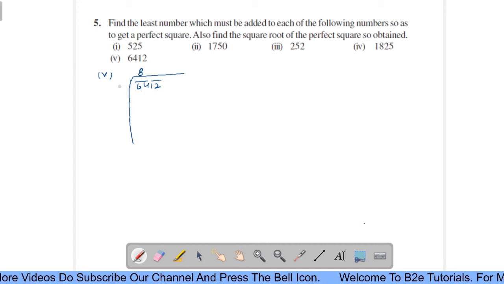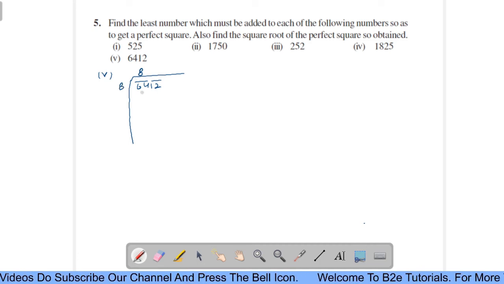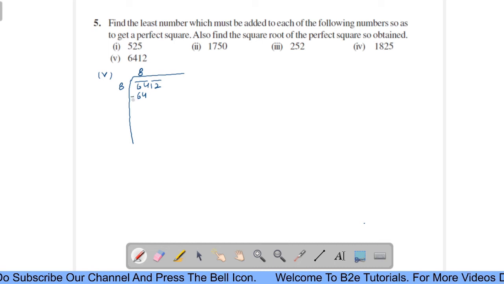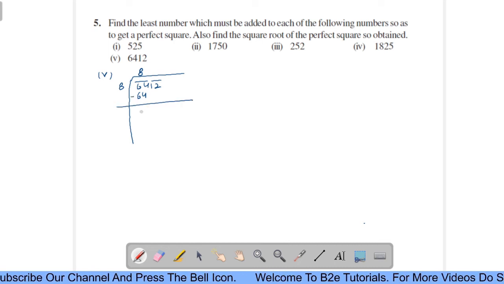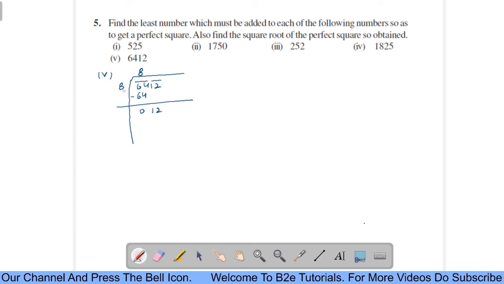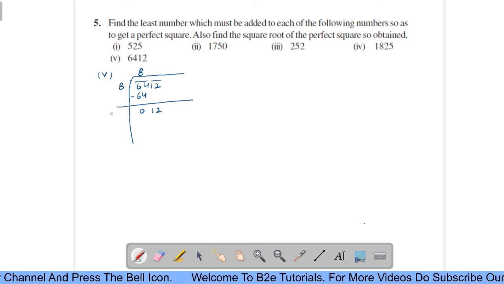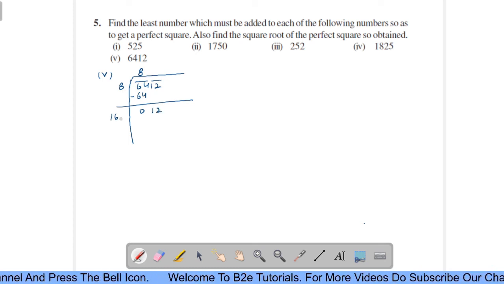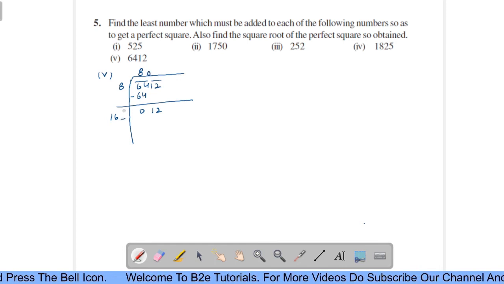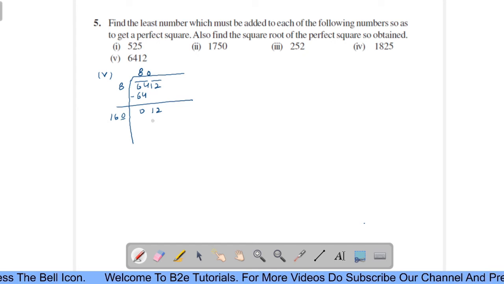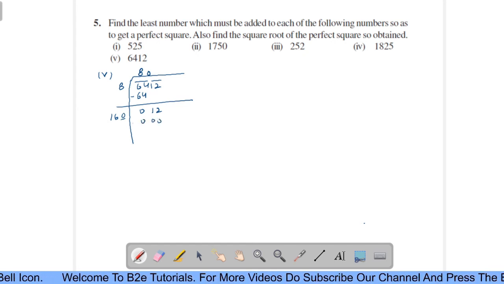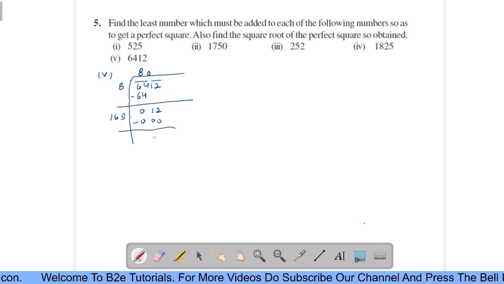So write down 8 and 8. 8 8 is 64. Subtract it. What will you get? 0. Bring the second pair. It is 12. Now 8 plus 8, 16. Here what will come? 0. It will be 0. Subtract it. What will you get?